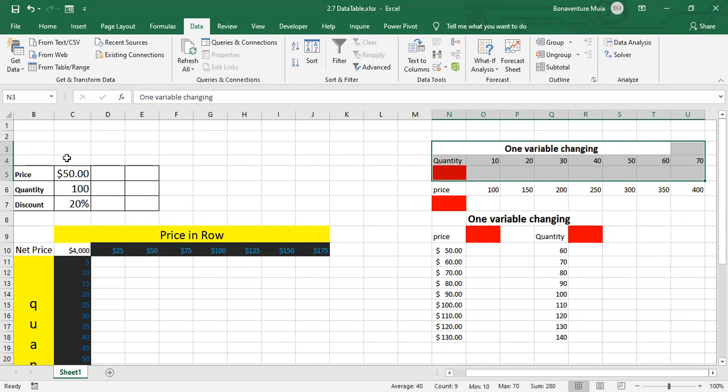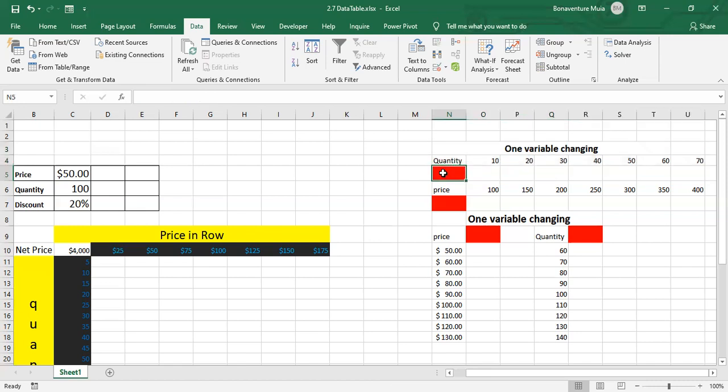This is the small table here, where we have a price of $50, quantity for that commodity is 100, and the discount is 20%. If you want to calculate the net price when the quantity changes to 10, 20, 30, 40, 50, 60, and 70, then we use the data table.